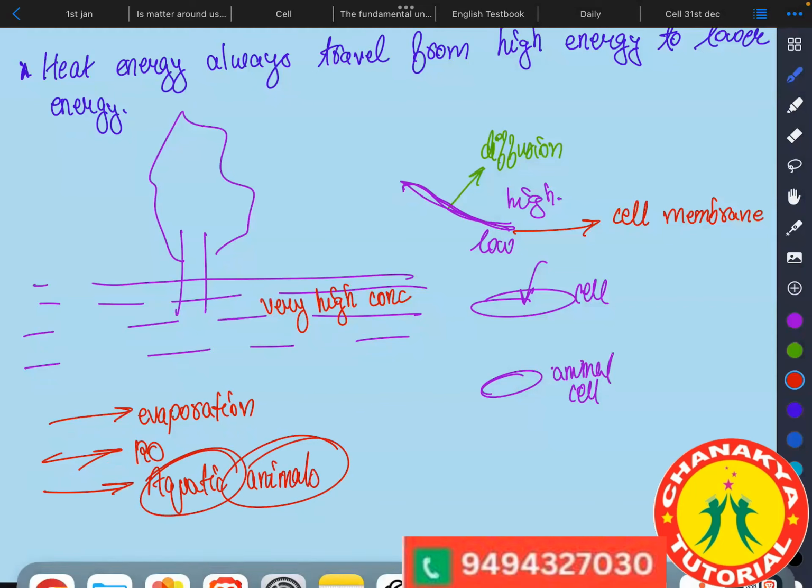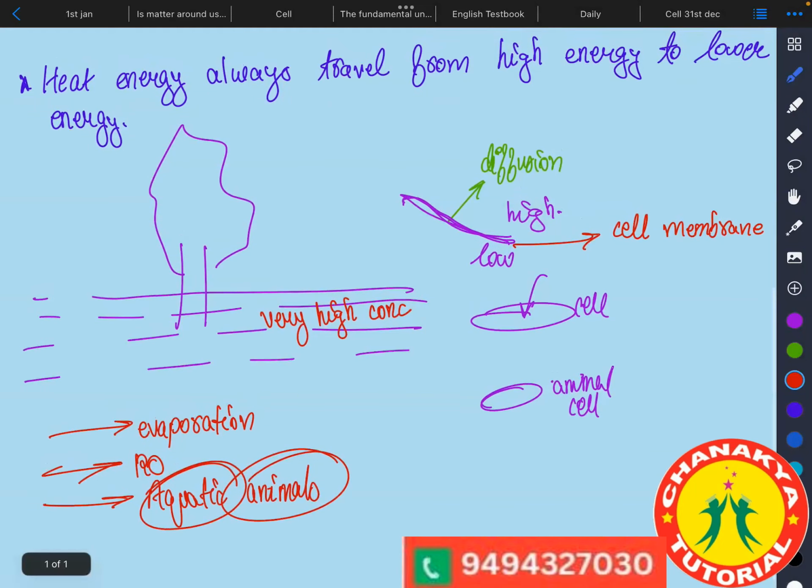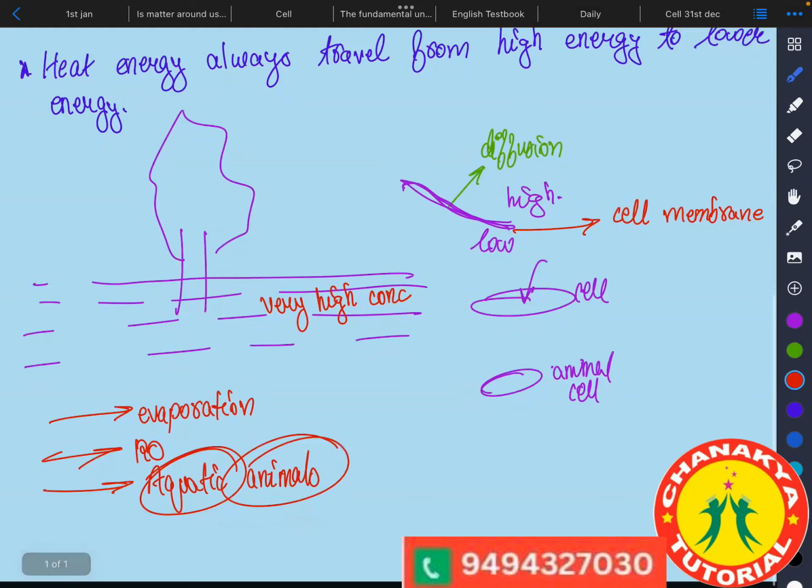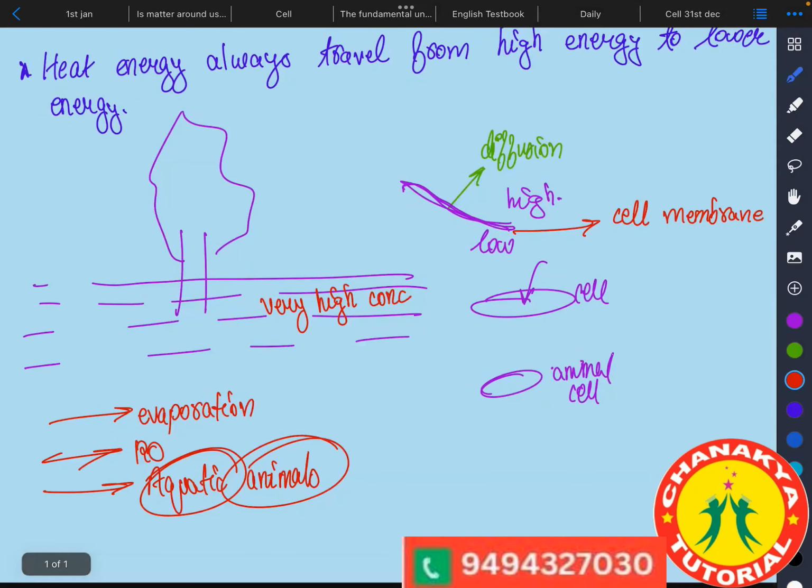We will find out. This is homework for you guys also. Find out this reason. Okay. So mainly I was trying to explain to you the diffusion and the cell wall.